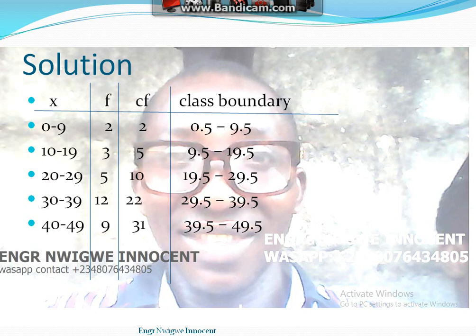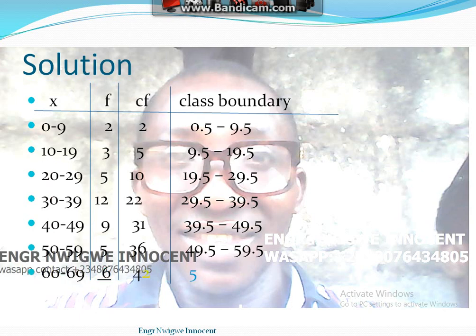The cumulative frequency is 31. The class boundary is 39.5 to 49.5. When the mark is 50 to 59, the frequency is 5. The cumulative frequency is 36, and the class boundary is 49.5 to 59.5.